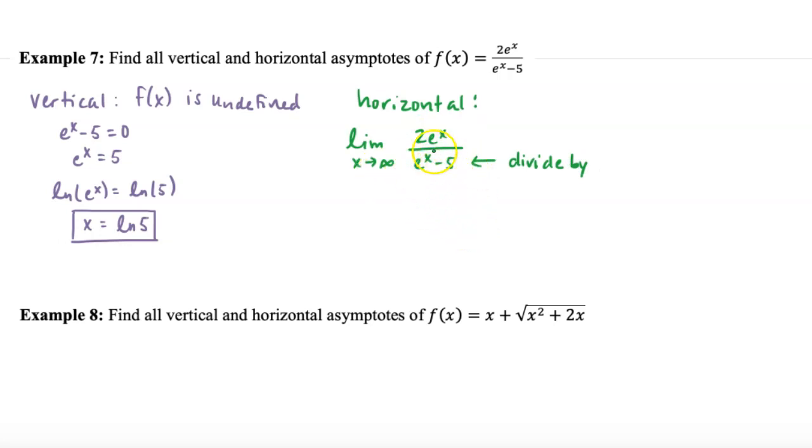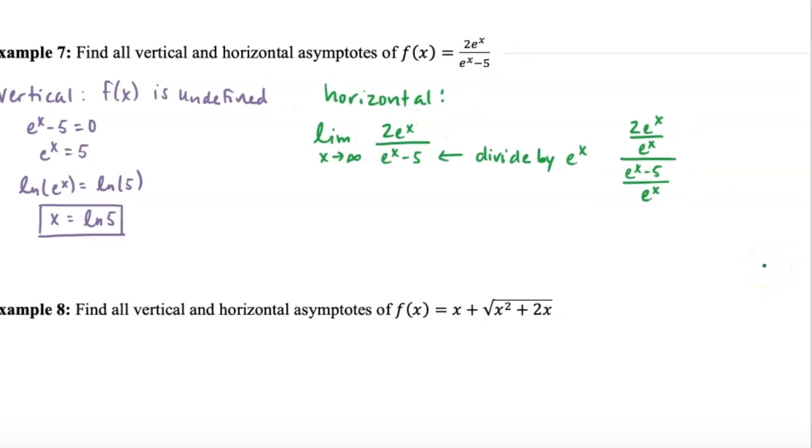So when I plug in infinity, e to the power of infinity is going to get really, really big, so I'm going to divide by e to the power of x. I'm going to do the same thing to the numerator and the denominator. So I am taking 2e to the x divided by e to the x, and that's going to be all over e to the power of x minus 5 divided by e to the x.